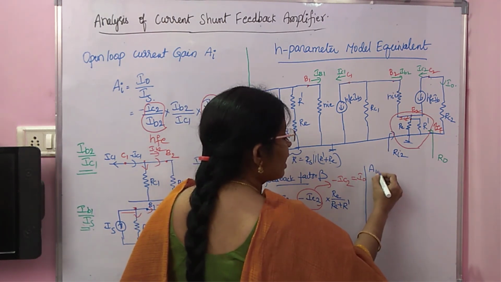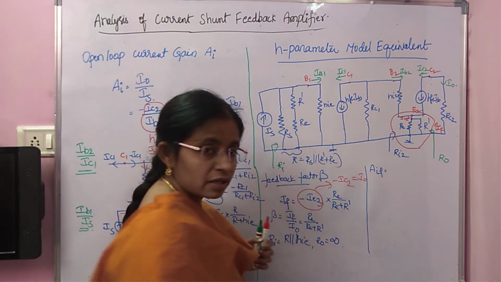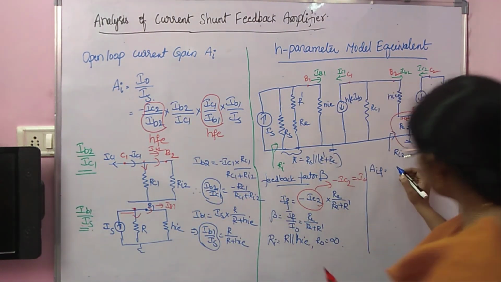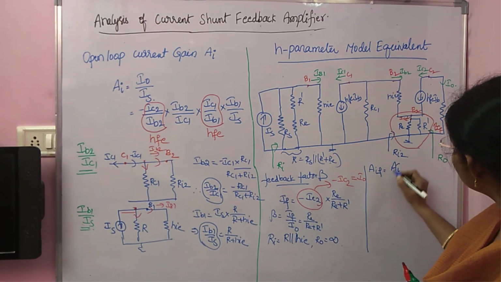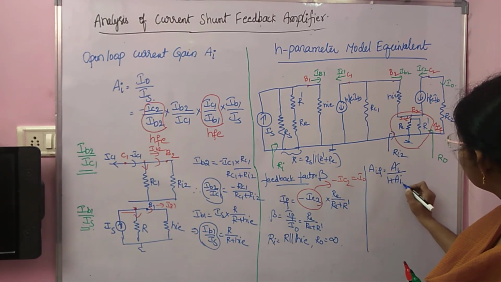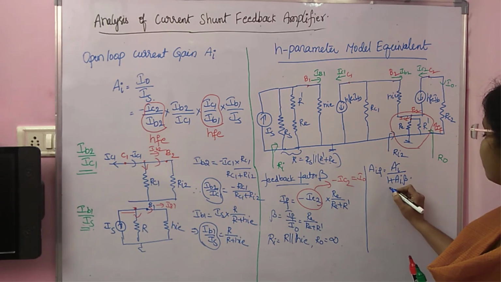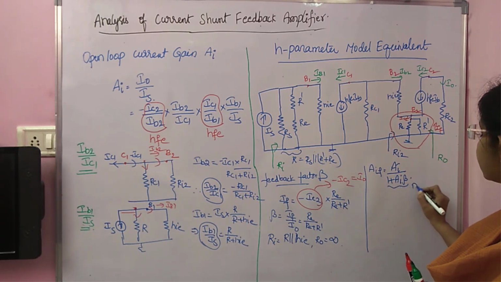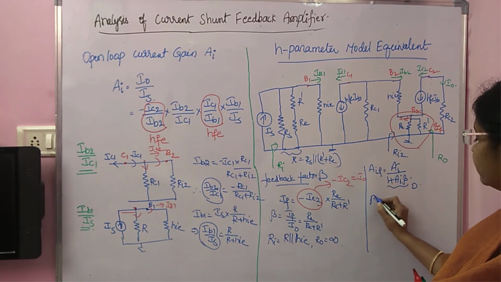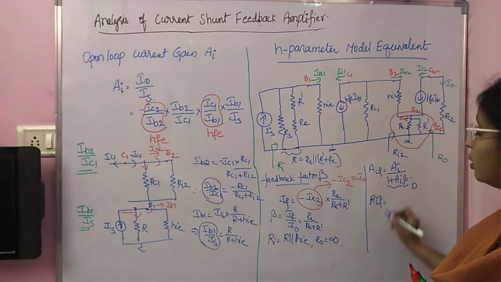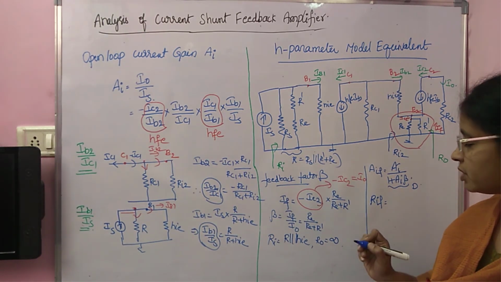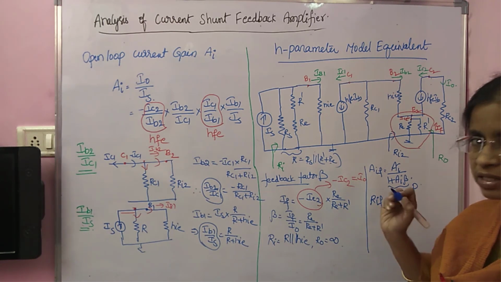Then what is AIF? AIF is AI by 1 plus AI beta. What is this 1 plus AI beta? This is called desensitivity D. Then RIF. What is this? This is current shunt. With the shunt mixer, input impedance decreases.